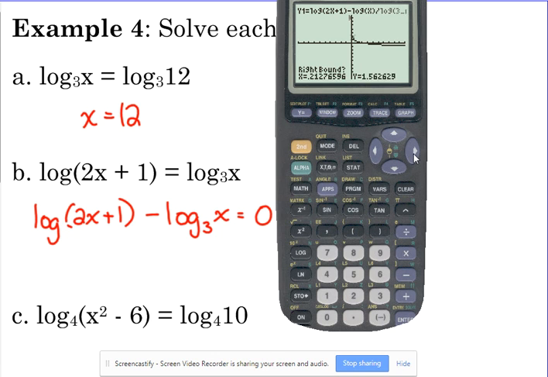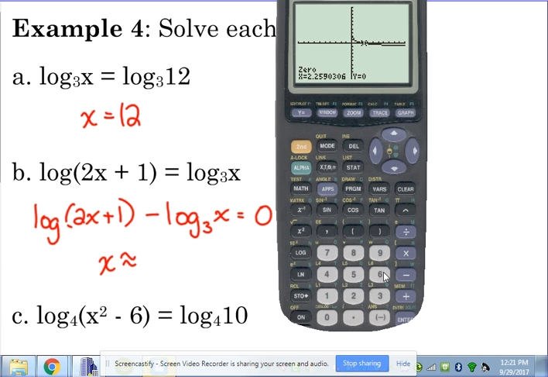Okay, left bound, right bound. I got to get down to those negatives. There we go. I press enter. And I can find out that x is approximately 2.259. Okay, x is approximately 2.259.